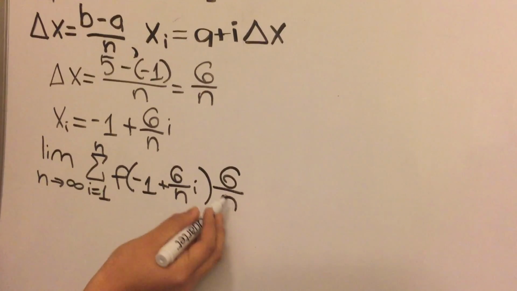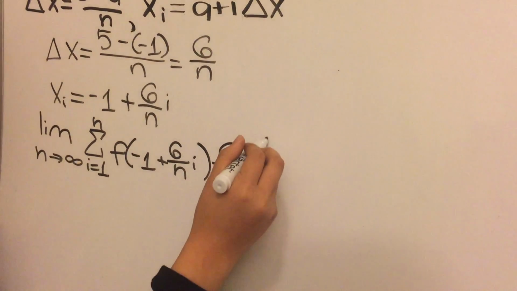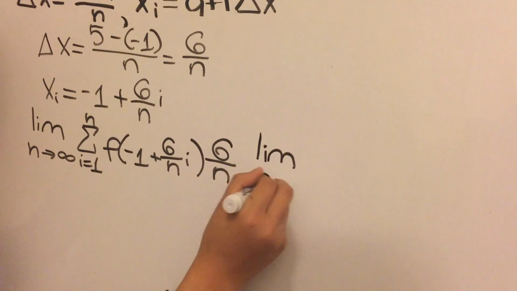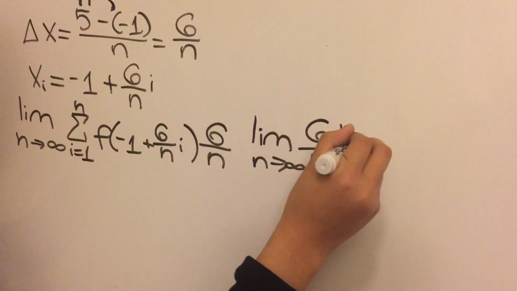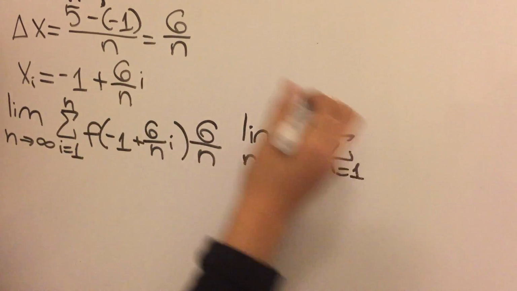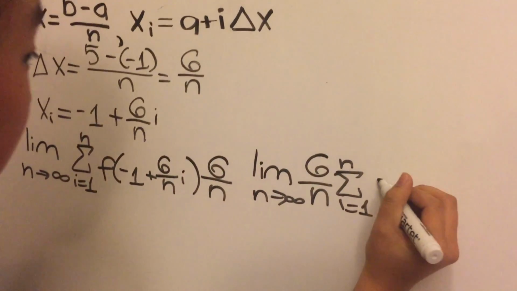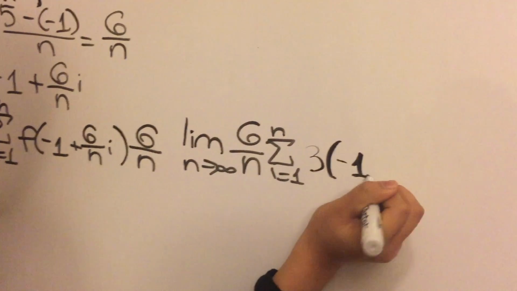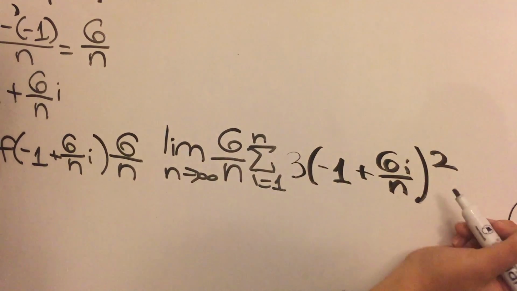From here, you could take out the 6 over n and write it in front of the sigma, which would be limit as n approaches infinity of 6 over n times sigma f of xi, which would be plugging it back into the original equation, 3x squared. So you would write 3 times -1 plus 6i over n squared.